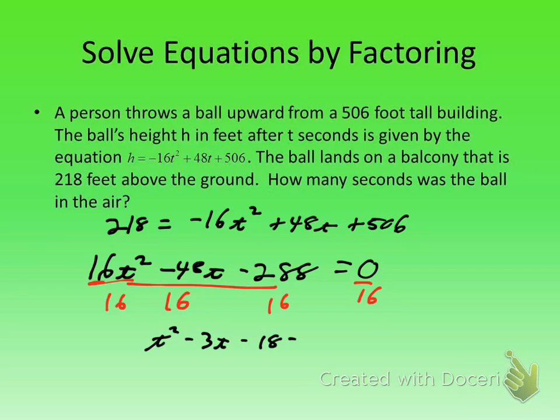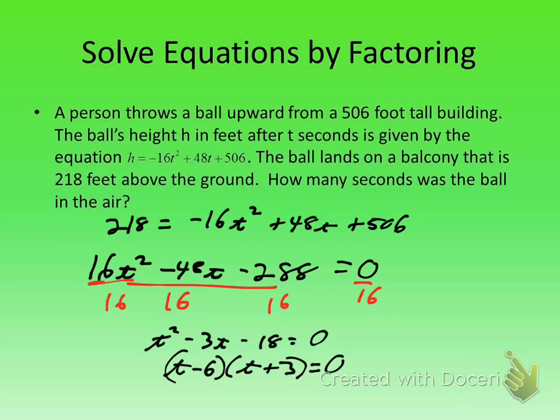Negative 18. What's 0 divided by 16? 0. So now you want to factor t squared minus 3t minus 18 equals 0. t minus 6, t plus 3 equals 0.